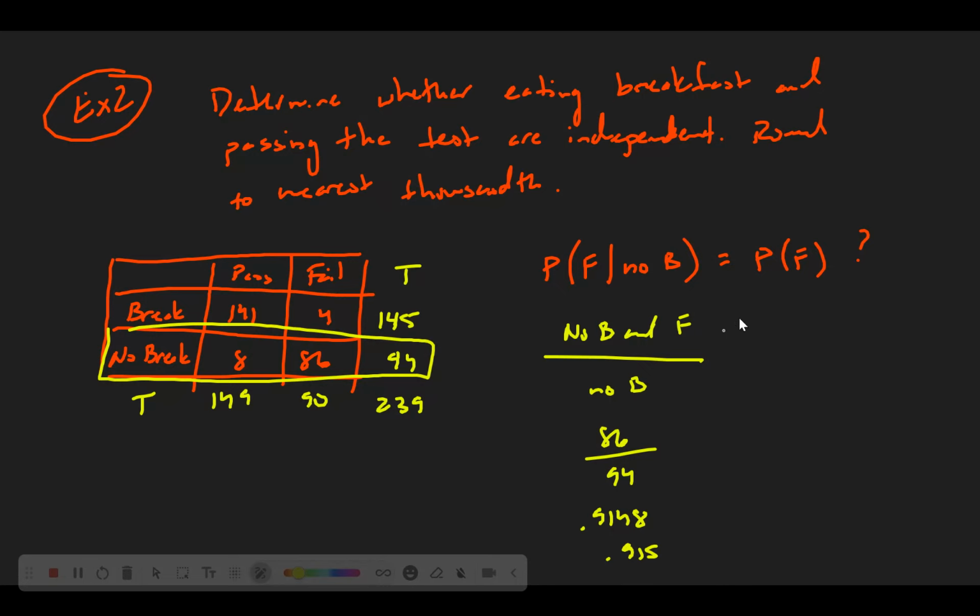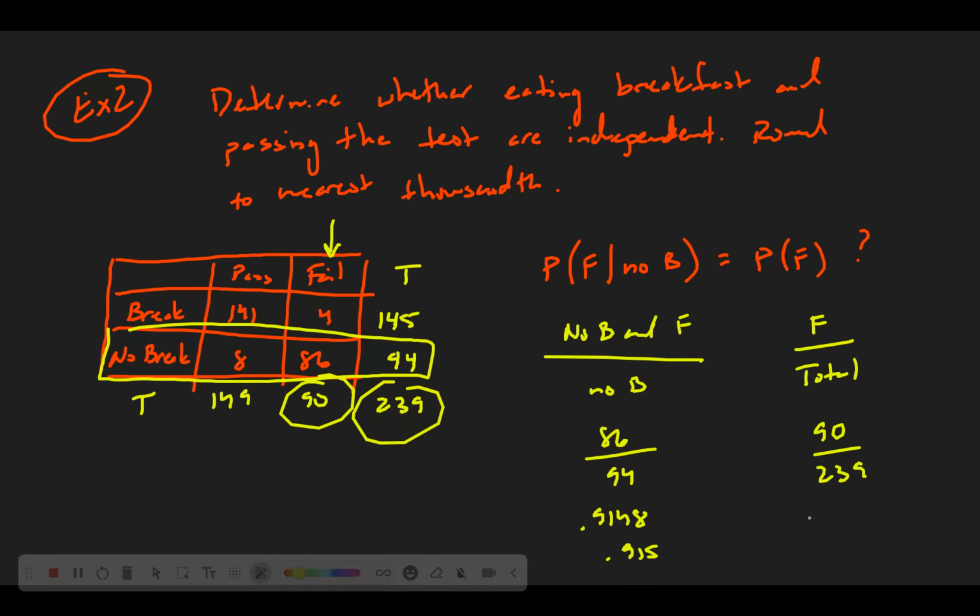Okay. So now let's do the probability of failing. The probability of failing is just all those who failed out of the grand total. There were 90 total people that failed. That's this column. 90 total people that failed out of the grand total of 239. So I'll circle those numbers. 90 out of 239.